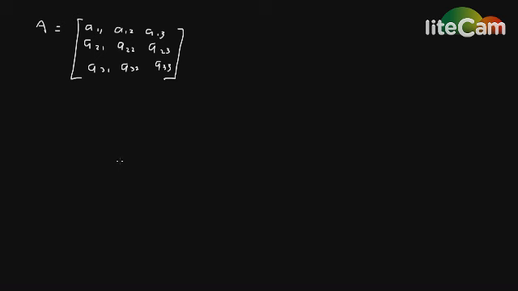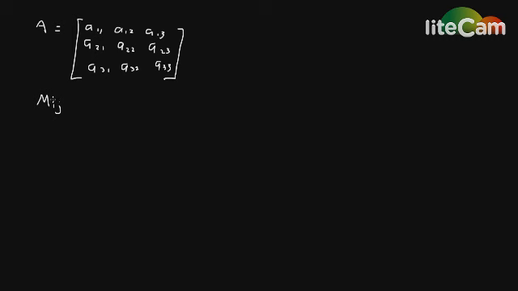Okay, and the process is as follows. So the first thing that we're going to do is determine the minor of a matrix. The minor of a matrix is denoted by M_ij.